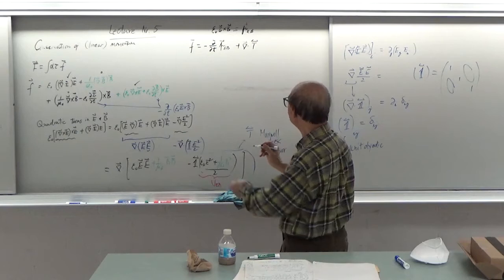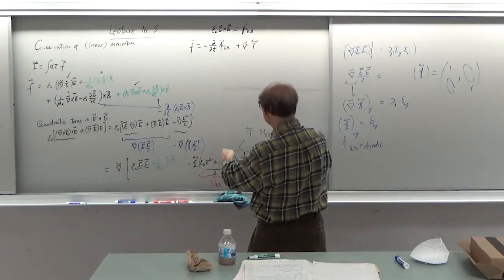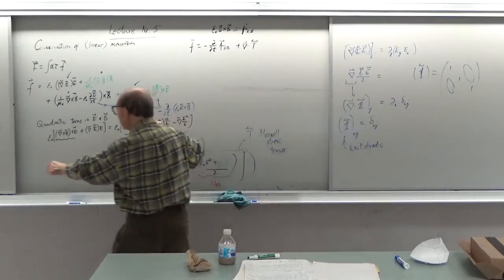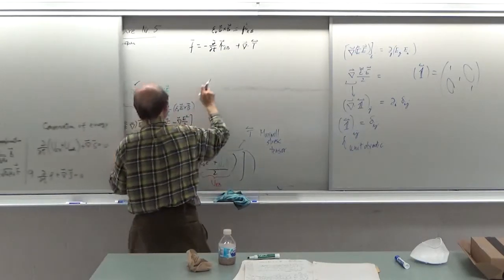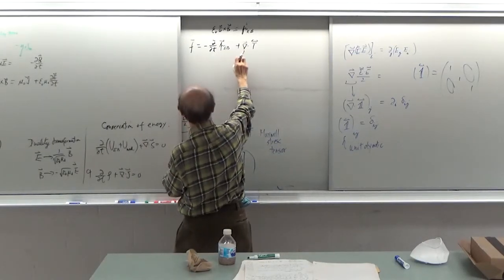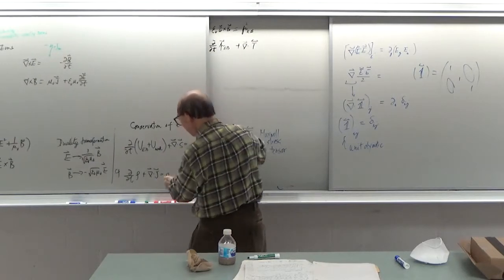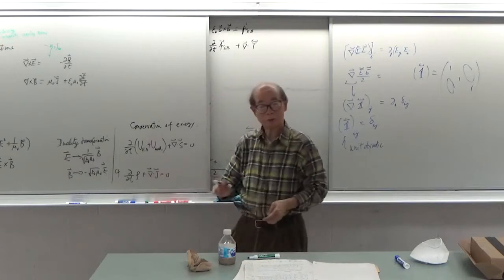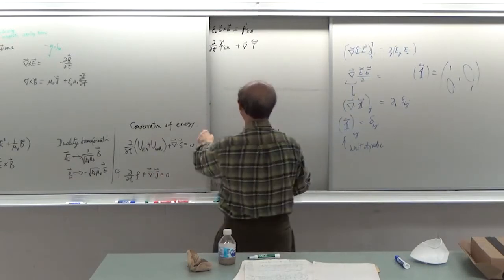All right. So again, you have encountered the two groups of terms. One involves del by del t, the other one involving divergence. So the same kind of structure as in the expression for conservation of charge. That's good.